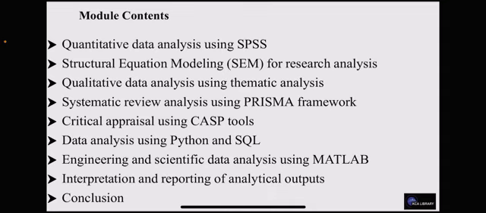And after, we'll move on to the next subtopic, which is data analysis using Python and SQL. Then we'll look at engineering and scientific data analysis using MATLAB. And finally, the last subtopic under this module is interpretation and reporting of analytical output.